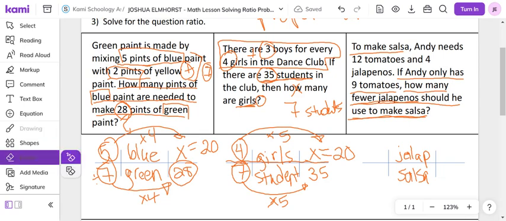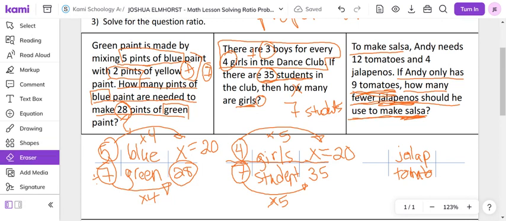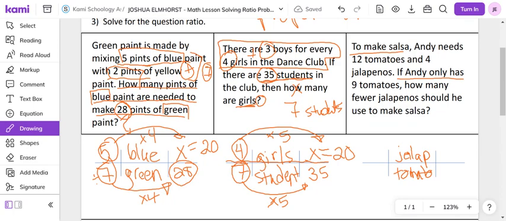Oh, to make salsa, well, looks like we're going to have to use tomatoes. So this is a bit of a trick question because it's got tomatoes, jalapenos, and salsa. But we can use the jalapenos and the tomato information. Those two things are what we need. It's not giving us context for the salsa. So we have to rely on tomatoes and jalapenos.